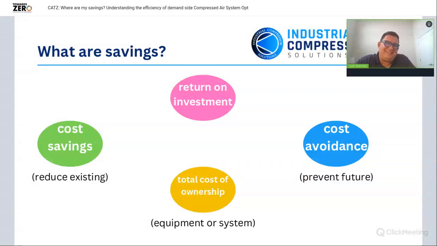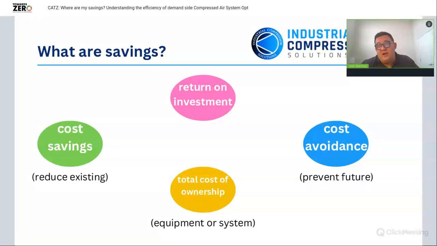If we have an existing expense, for example, power for the air compressors, and we want to reduce that expense, that is an example of cost savings. If we have to pay something to make this reduction, then we would utilize a return on investment for those cost savings against the total cost of ownership.